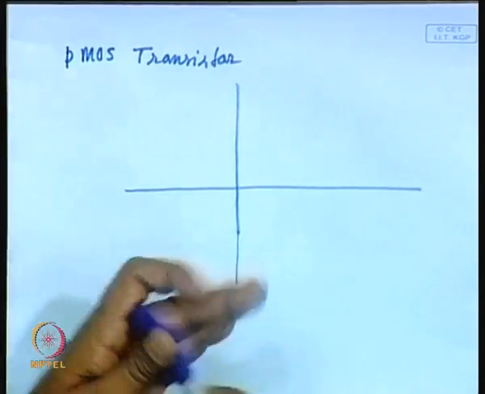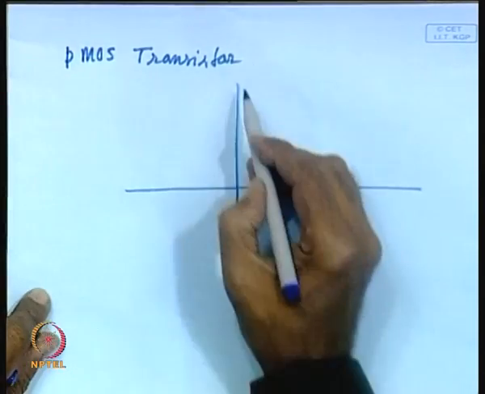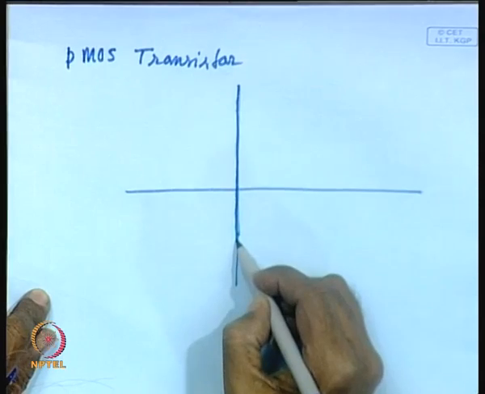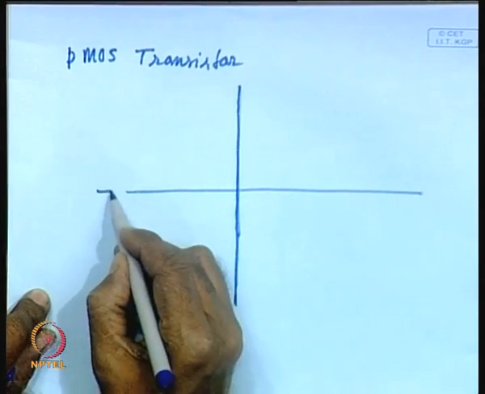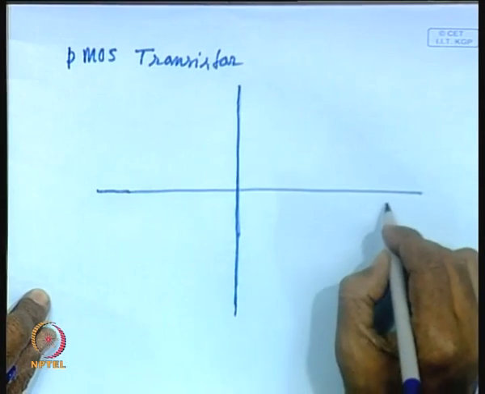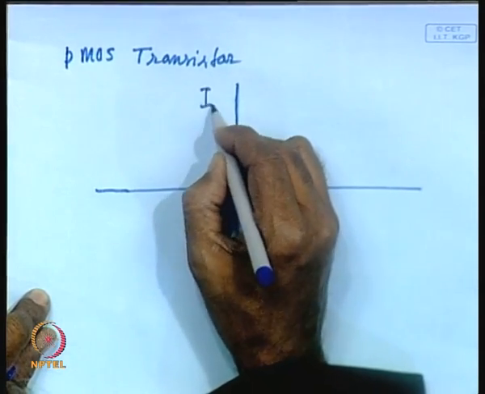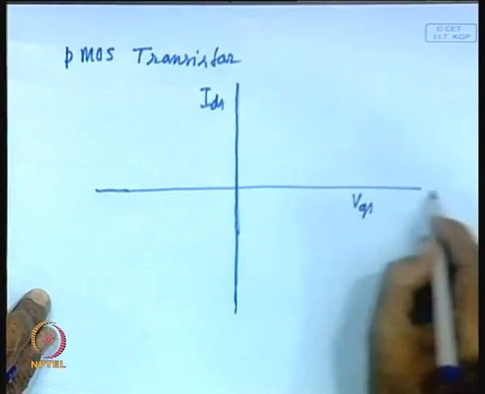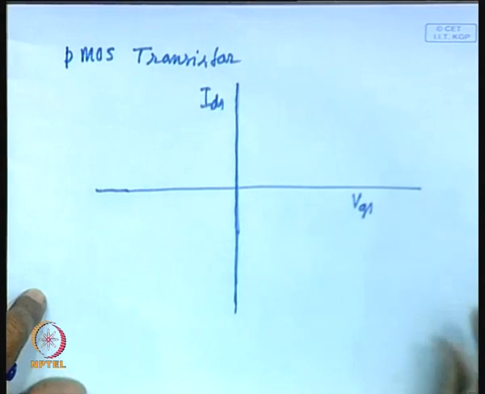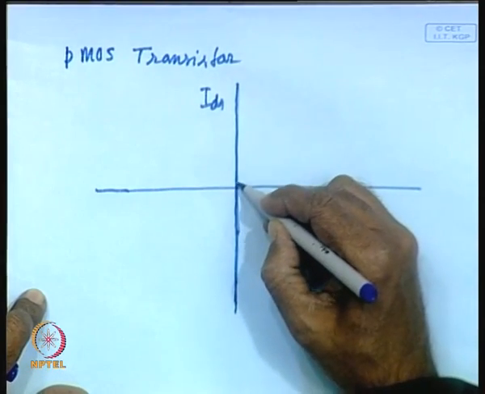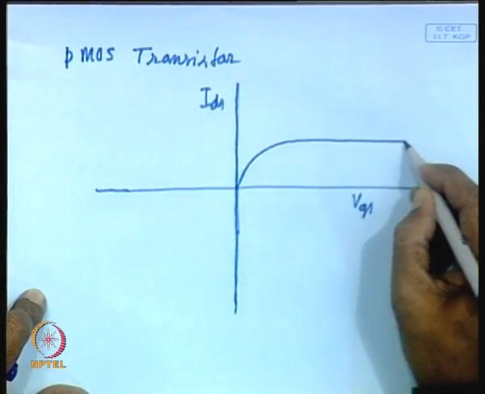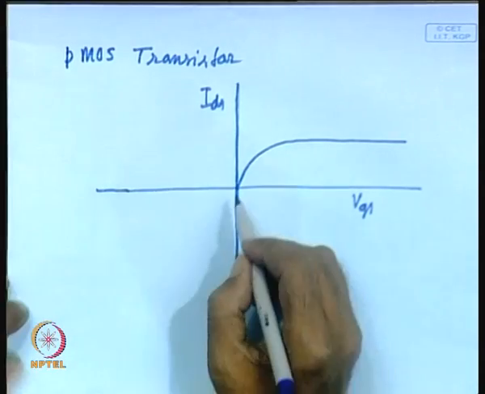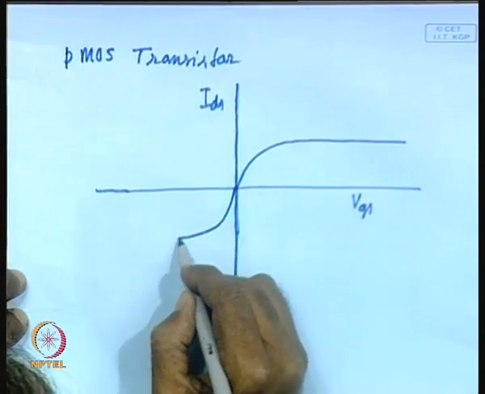You can see here you have got 4 quadrants. This is your IDS and this is your VGS, this is positive and this is negative. For NMOS transistors, the curve is on this side. On the other hand, for PMOS transistors, the curve will be on the negative side.